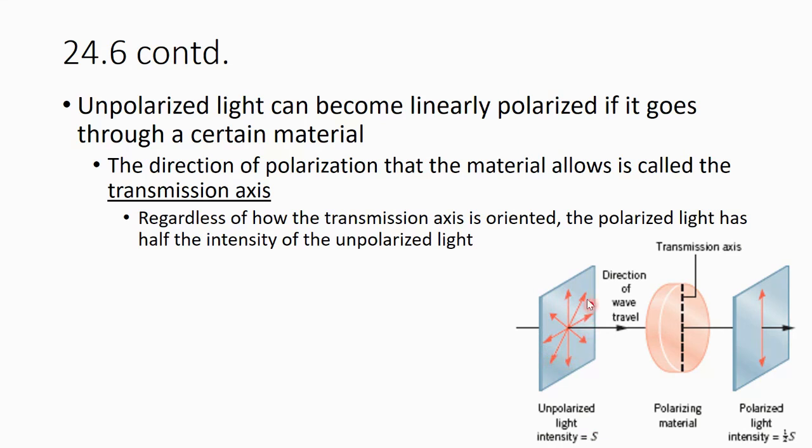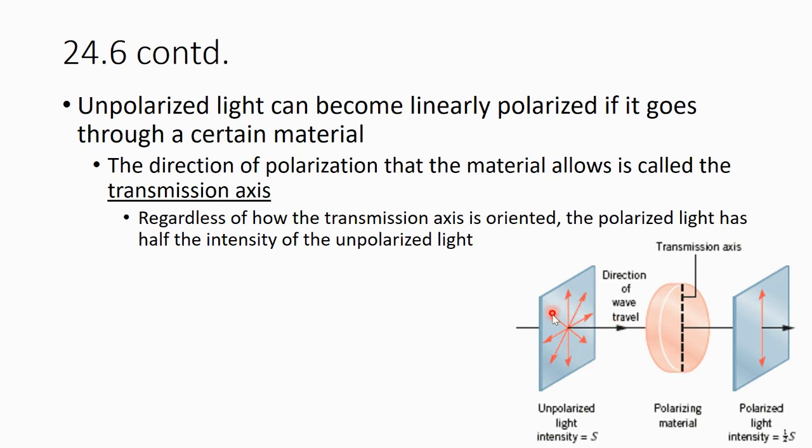So we have unpolarized light. It's going in all directions. It's moving to the right. And then it hits some sort of polarizing material. The polarizing material has something called a transmission axis. You could think of that like the slit or the opening that only lets light that aligns with that transmission axis through. Everything else is blocked.